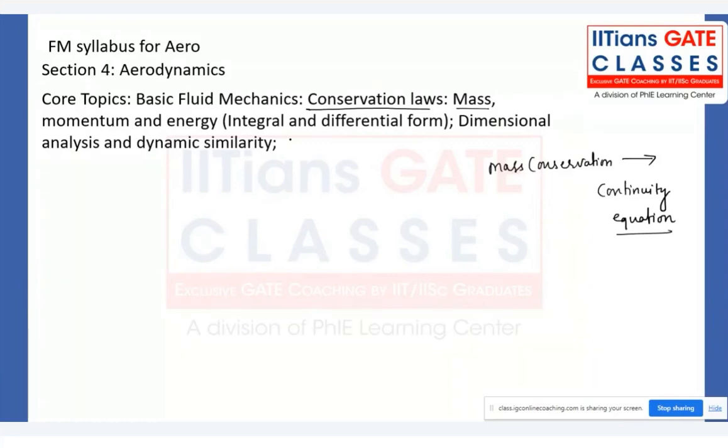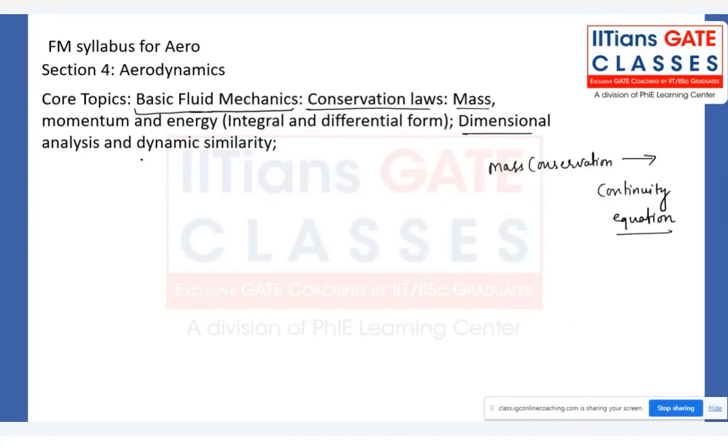We will be covering the basic fluid properties, fluid statics, fluid kinematics. That is not mentioned in this particular syllabus, but the basic fluid mechanics will be covered already in this. Of course, in fluid kinematics we will start with mass conservation, momentum and energy. But dimensional analysis and similarity is a separate topic, a separate chapter, right?